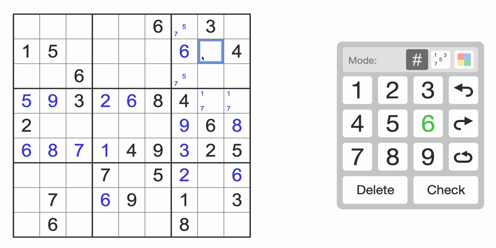And this cell cannot be 2, 3, or 7 either, because here's 2 and 3. And 7 will have to be in one of these, because that's what's missing from column 7. And there are only 2 cells left on column 7, and I have to put 7 in one of these.